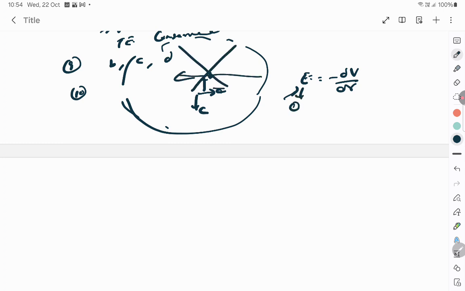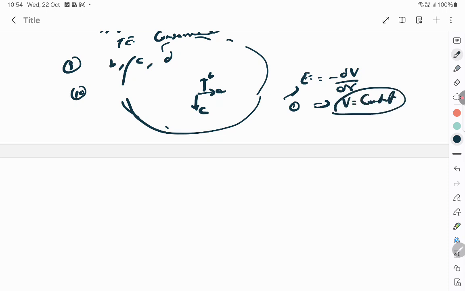Everything will get cancelled, the vectors will cancel out, so at the center the field is 0 because of the vector cancellations. And when the field is 0, the potential turns out to be a constant, because the differentiation of a constant only can be 0.